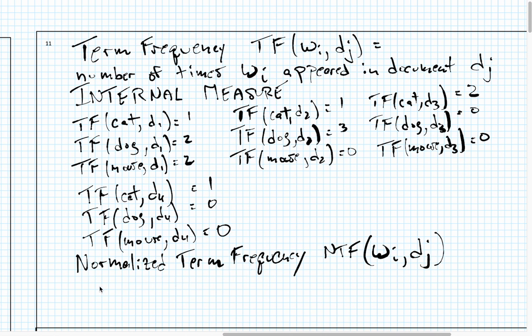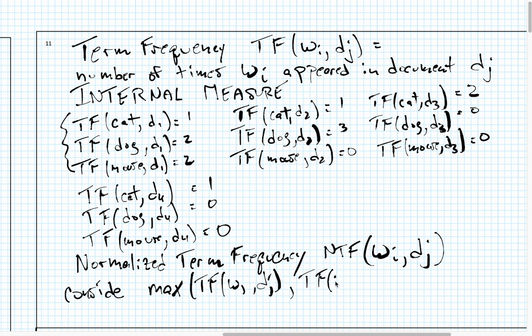What we have to do here is consider the max of the term frequency of W1 in Dj, the term frequency of W2 in Dj, all the way up to the term frequency of WM in Dj.